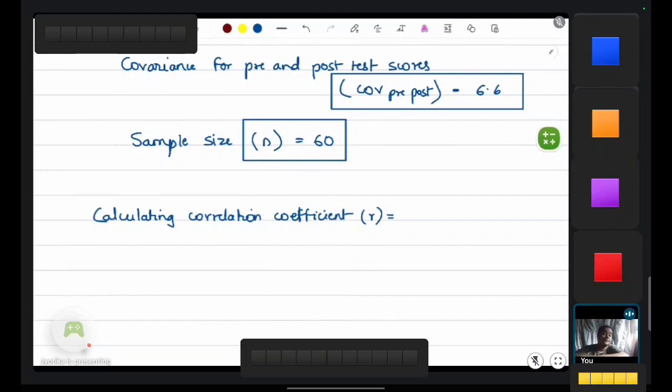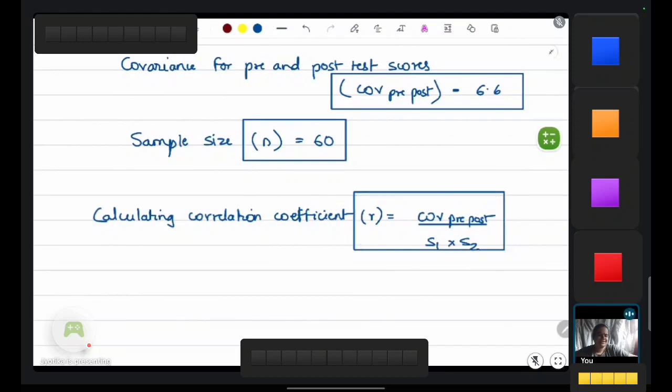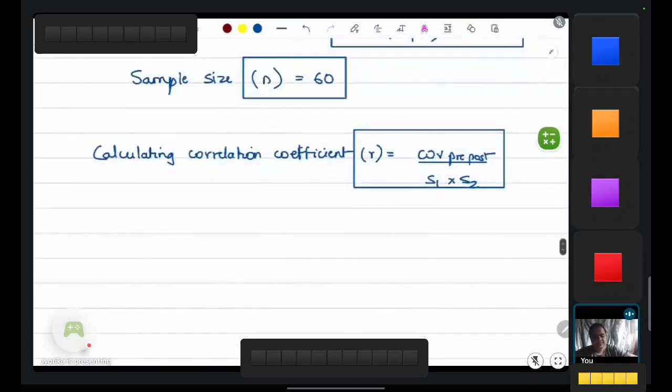It's there on the formula sheet, right? But why for such small things keep referring to the formula sheet? I hope you all know to write it by yourself. So it's going to be covariance pre-post divided by S1 into S2. As simple as that. Let's highlight the formulas where we are using them. The variance and all formula is minor, but these formulas, let's highlight them.